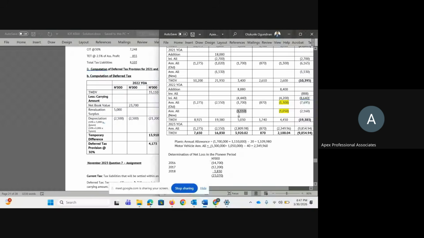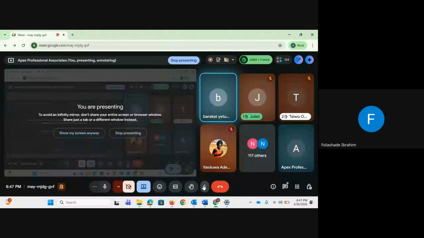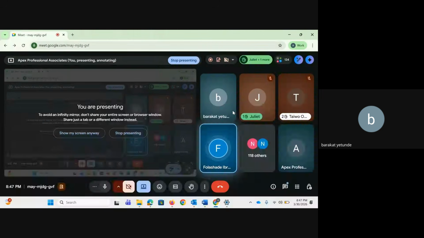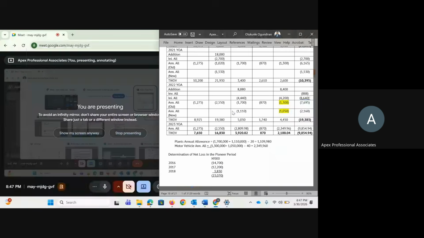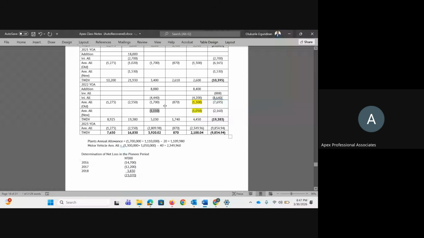That was the mistake. Did that affect our total capital allowance? I thought it's just the tax written down value. No, it affects your capital allowance, because obviously you have underestimated your capital allowance.